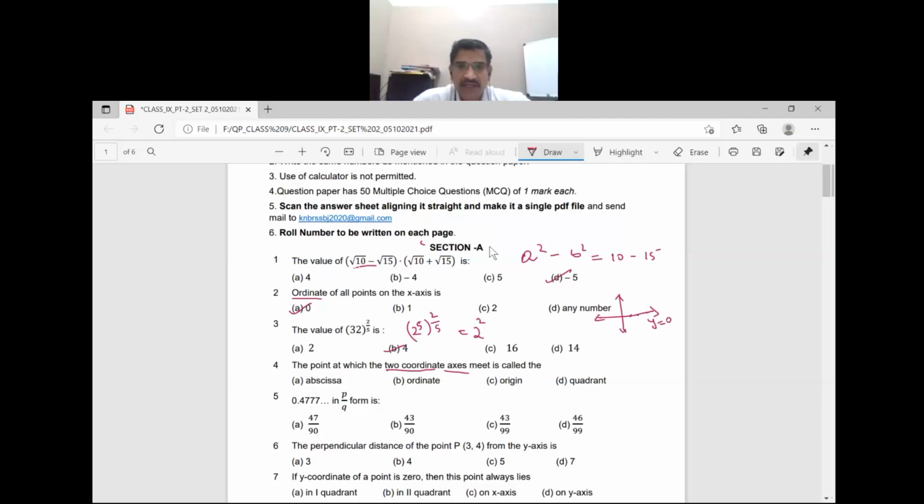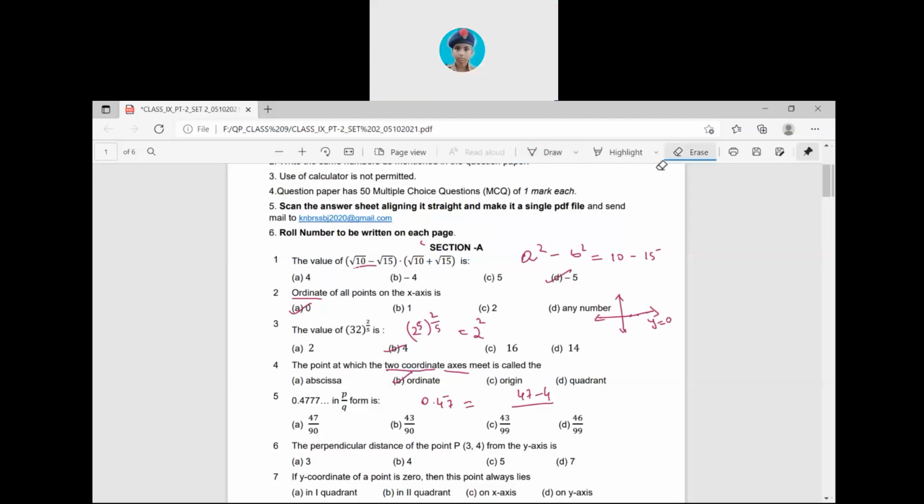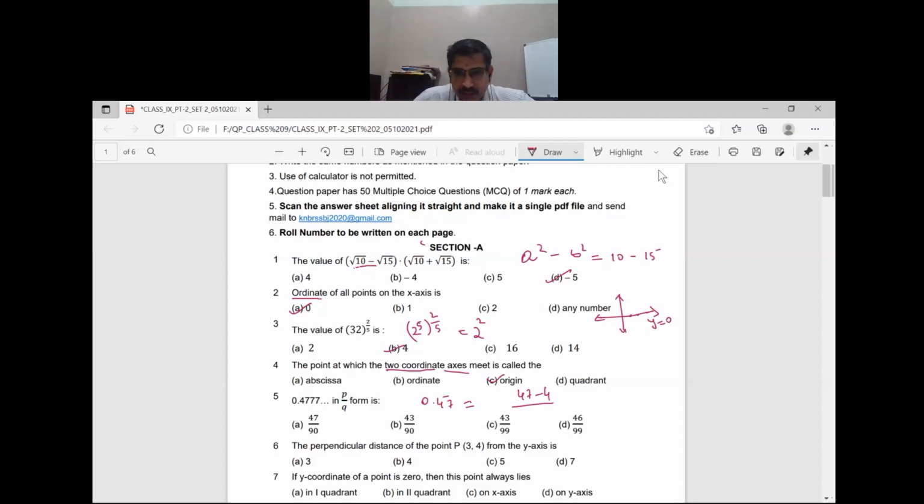So they both meet at the origin O. Sorry, sir, not ordinate, it is origin. I said origin and I ticked wrongly there. Yeah, so origin. Then the value of 0.4777 and so on: I have already said a shortcut. 47 minus 4, the number as it is written minus the non-repeating part.